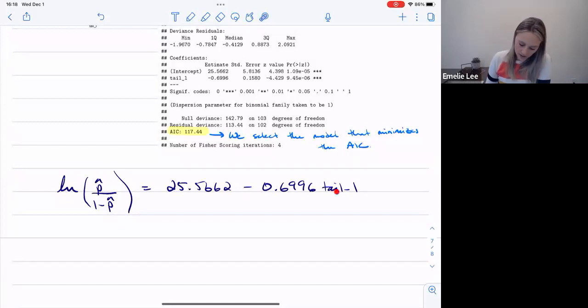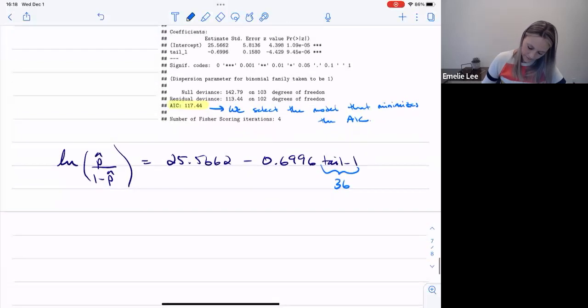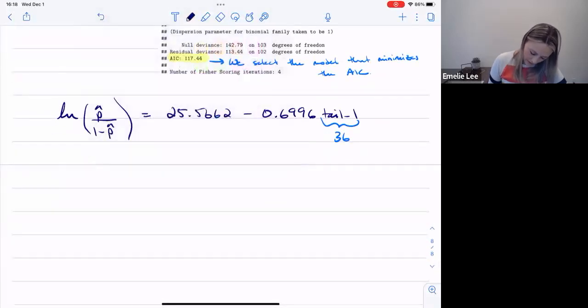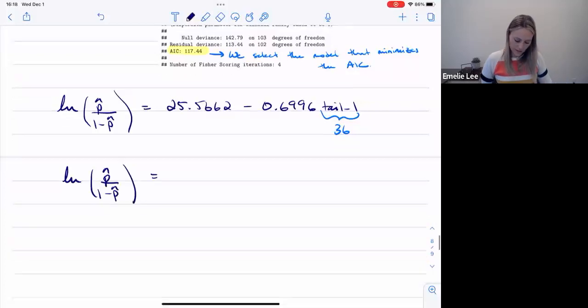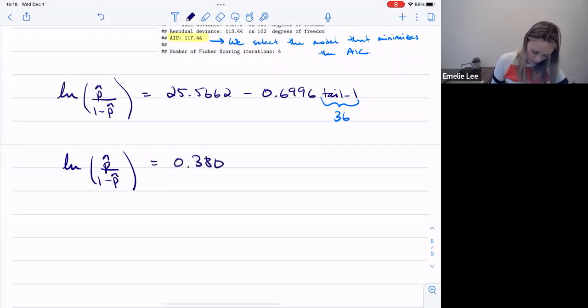So what we can do is substitute the tail length of 36, and the ln of p hat over 1 minus p hat is 36 times 0.6996, negative of that, plus 25.5662. I get 0.3806. This is the same as B0 plus B1X.